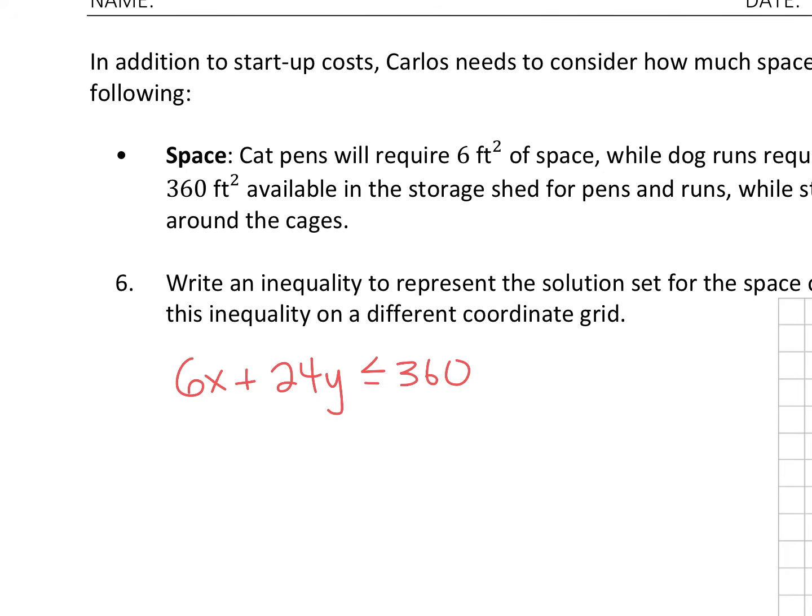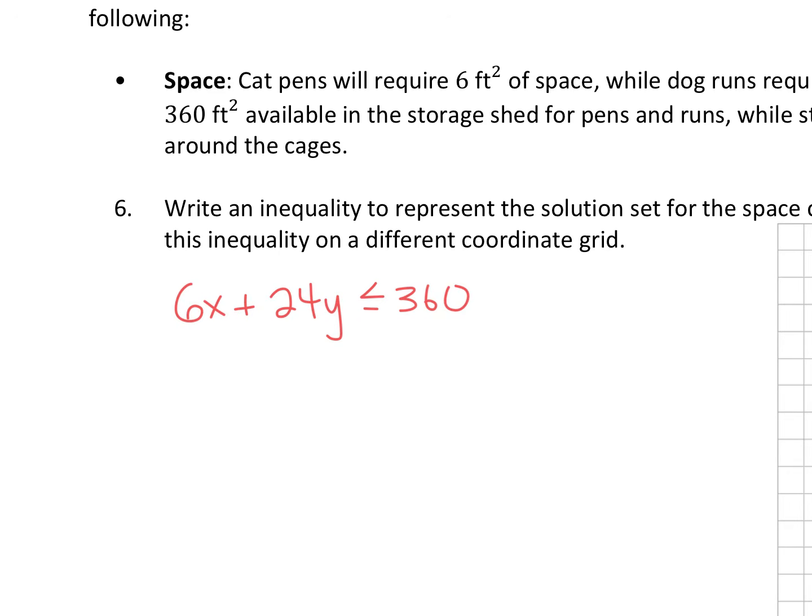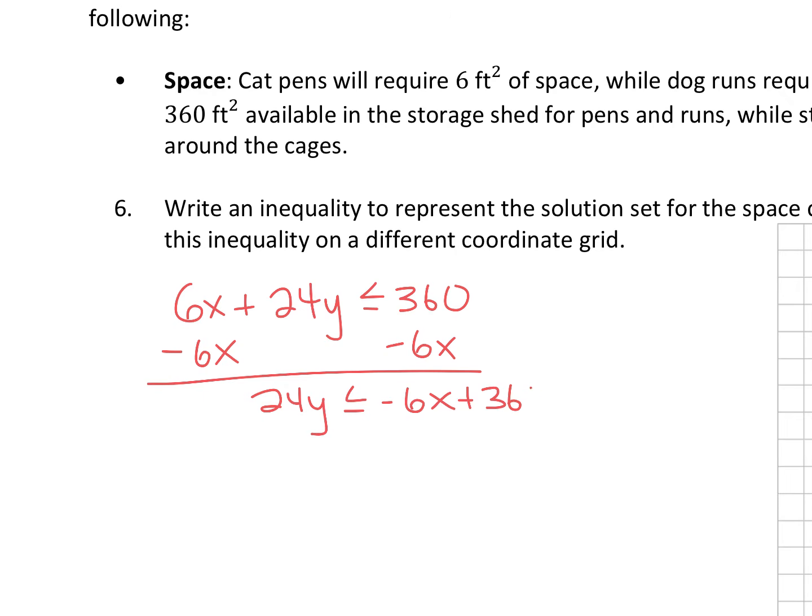Now, once we have this, we can change it to slope-intercept form, or we can graph it using the extremes, all cats and or all dogs. So I'm going to show both ways. Let's first solve this for y. Minus 6x from both sides. 24y less than or equal to negative 6x plus 360. Divide everything by 24.